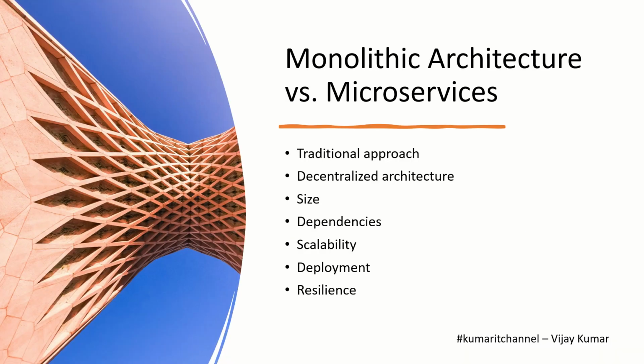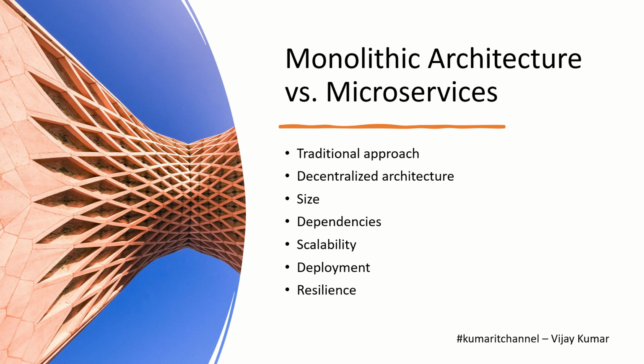So yeah, this covers the introduction. Let's talk more in detail about monolithic architecture versus microservices, right? As I explained in the last video, the monolithic architecture is a traditional approach to software development, where the application is built as a single, unified system.